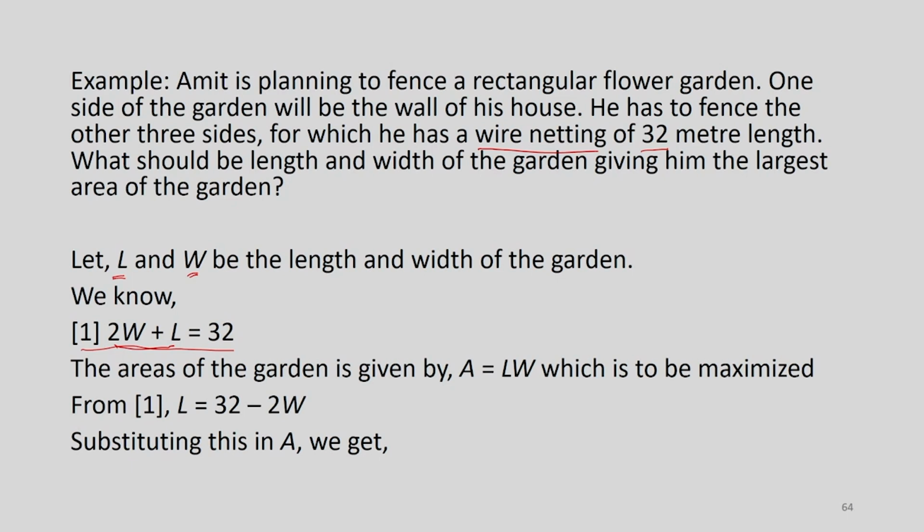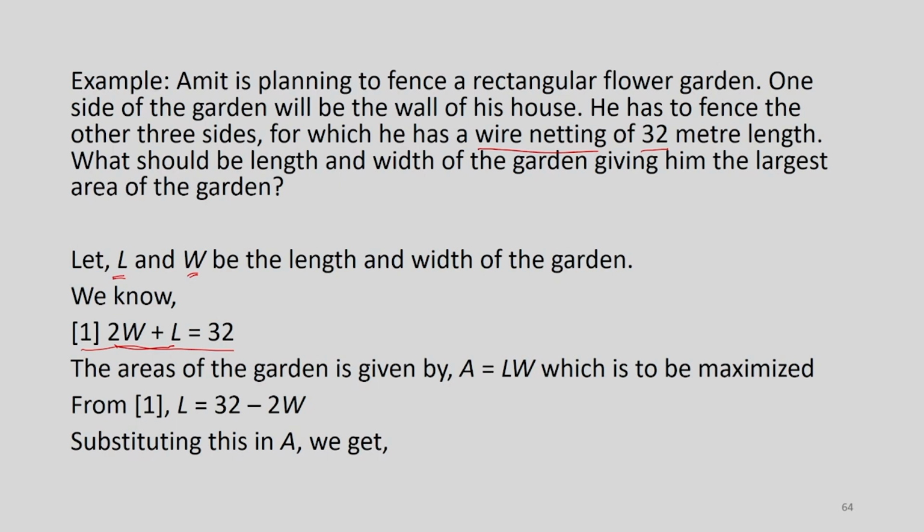If he had covered the width of the garden with his house wall, then maybe he will be able to cover one side, but that will not be an optimal choice. So that's why one length is being covered by the wall of his house. Okay, so that's why 2W plus L is equal to 32.